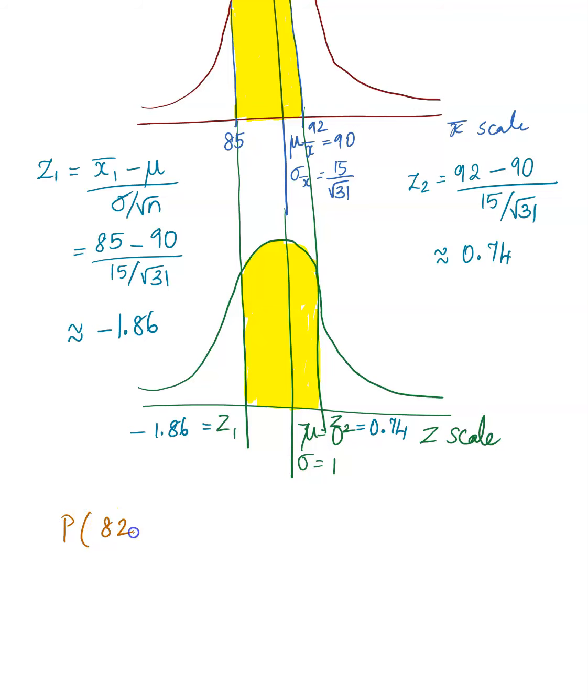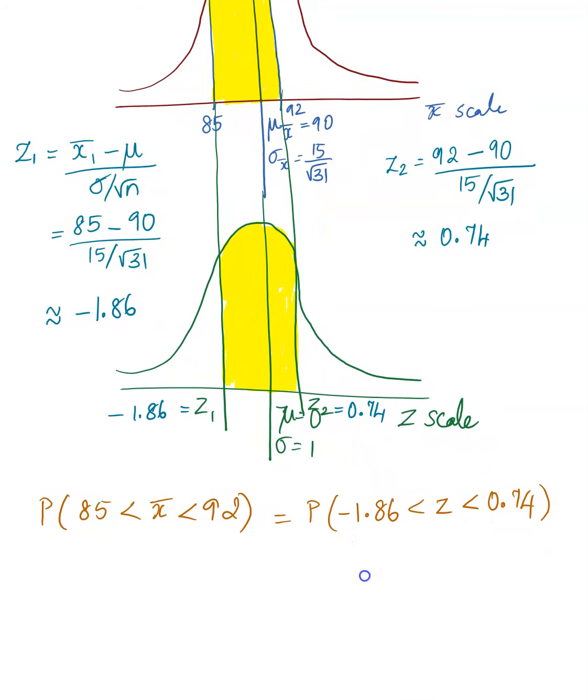So you will have to go to your Z table. The probability of 85 less than x bar less than 92 will be the big area minus the small area, because you know that the z scale gives you the cumulative area. So let's first write the corresponding values here: negative 1.86 less than z less than 0.74.